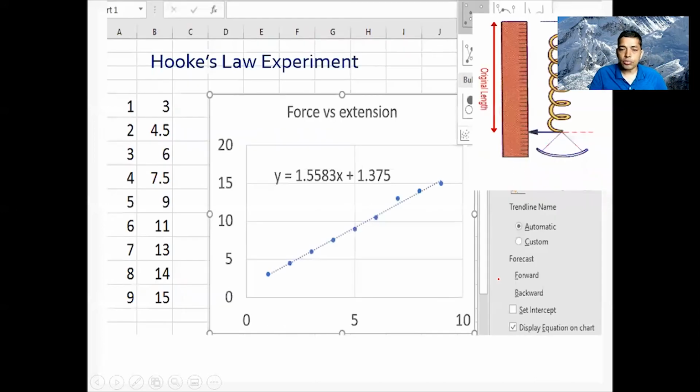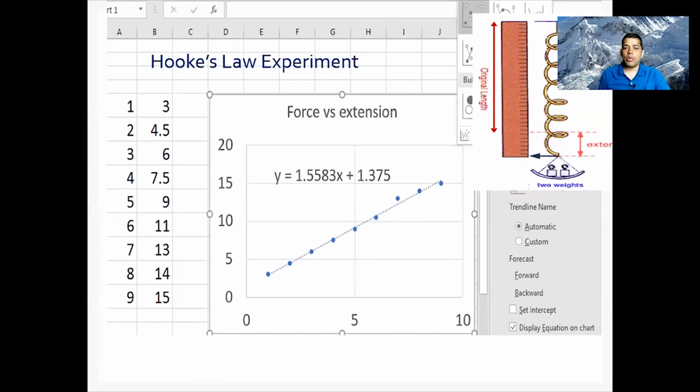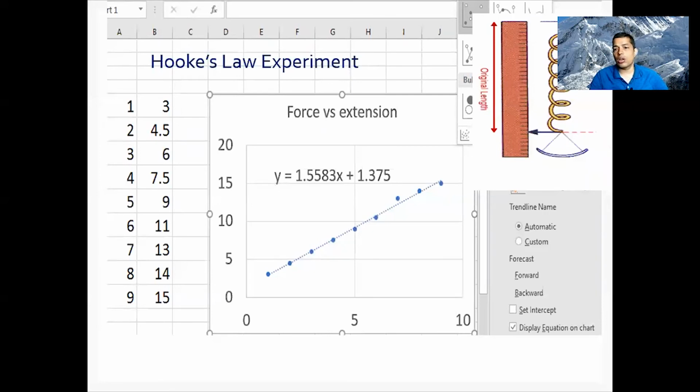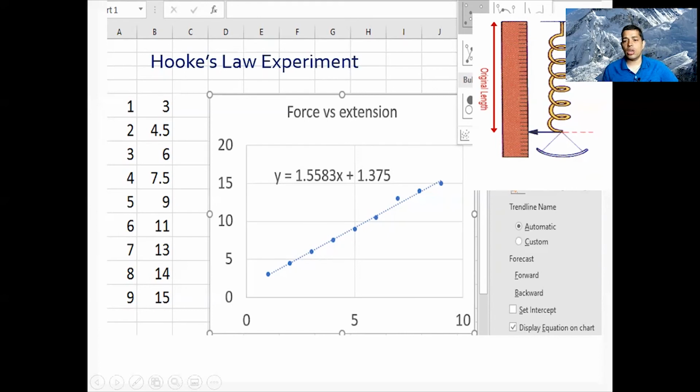So let's do a virtual experiment here. If you keep on adding more and more weights here, the length of the spring becomes longer and longer, meaning the spring gets elongated, right?